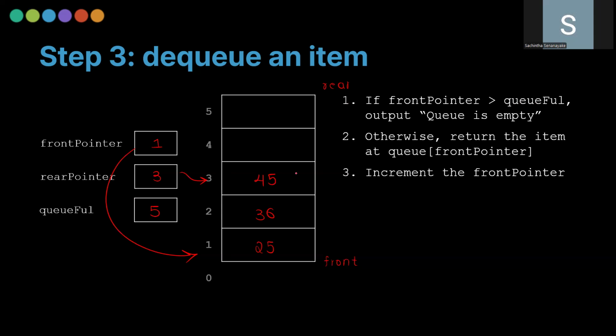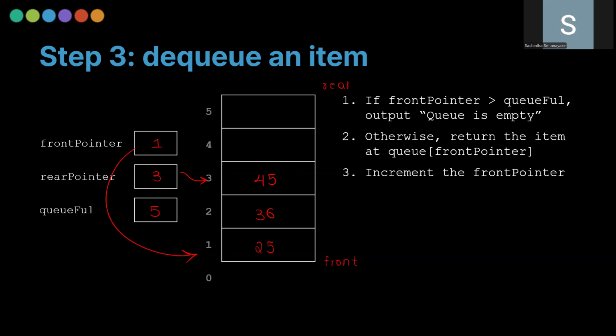Now, unlike a stack, we won't be removing the item that was added last, right? The item that is removed will be the one that was added first, because the queue works on the first in, first out basis, unlike a stack which works on the last in, first out basis.